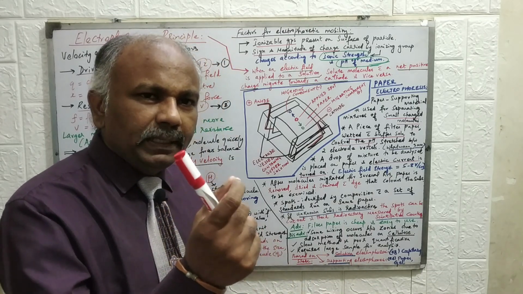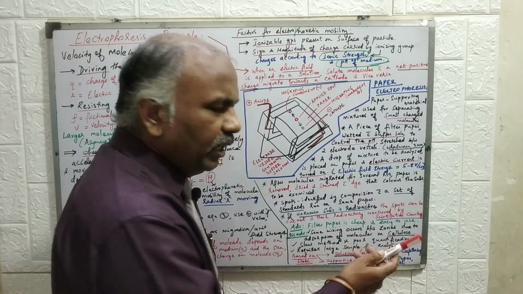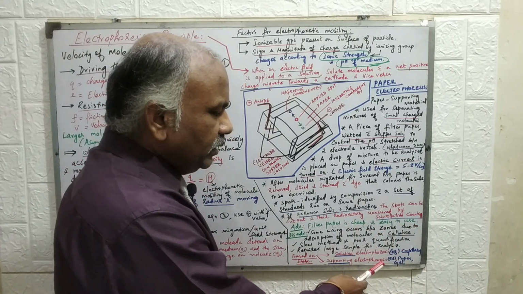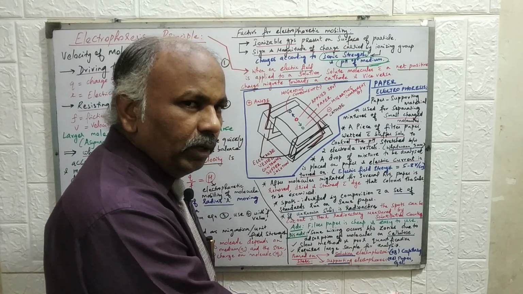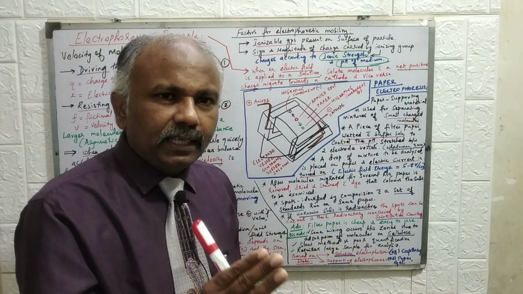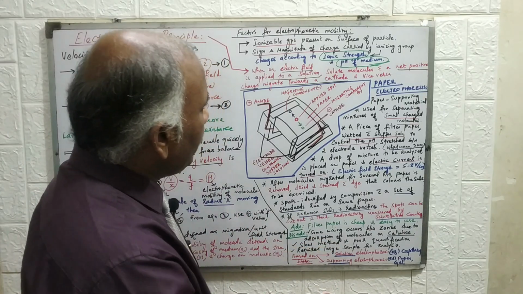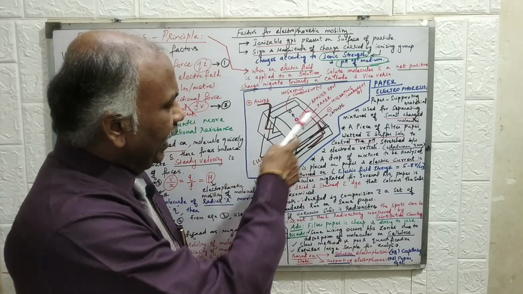An example of solution electrophoresis is capillary electrophoresis. In supporting electrophoresis, we keep some supporting material, which may be paper or gel. So gel electrophoresis and paper electrophoresis come under the latter category, whereas the classical example of solution electrophoresis is capillary electrophoresis.